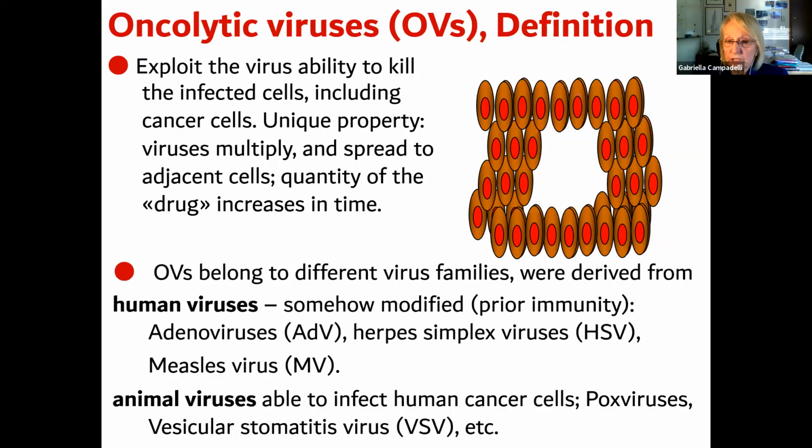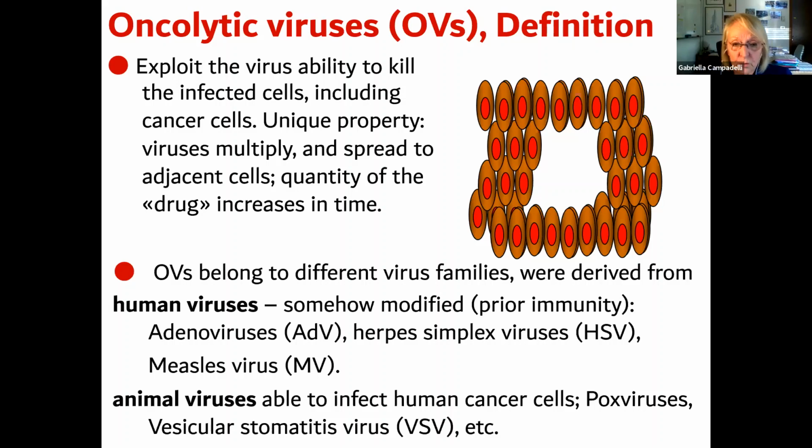And the oncolytic viruses have been derived from different virus families. So this is something I will cover. And they were derived both from human viruses or from animal viruses. Initially, they were derived from human viruses. Human viruses need to be modified because you don't want them to be pathogenic.